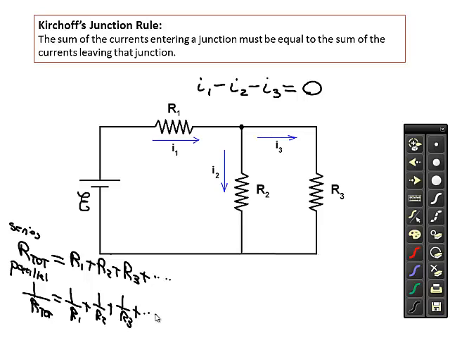Also recall that this is the exact opposite of capacitors. With capacitors, if they're in series, we flip them all, add them, flip the answer. If they're in parallel, we just add them up like normal numbers. Resistors, exact opposite. If they're in series, add them up. If they're in parallel, flip, add, flip. Okay.